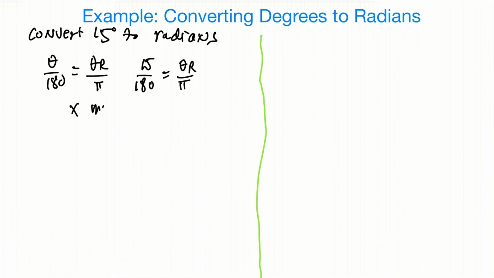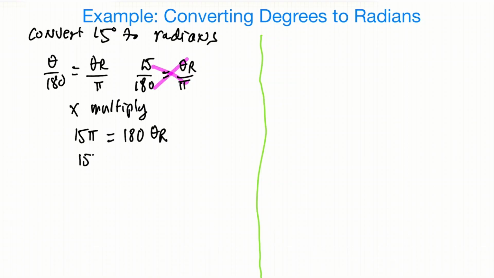Let's cross multiply. So we're going to get 15 pi is equal to 180 times theta r. Now we want to solve for theta r.